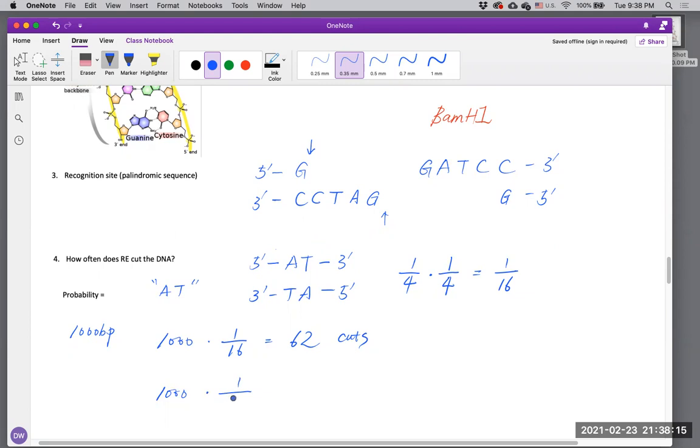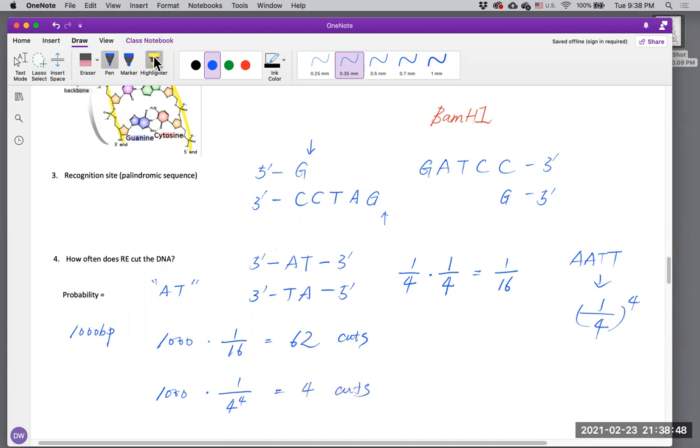So what if we have something that cuts, for example, 1 out of 4 to the power of 4, right? So this is AT. So if we have an enzyme that's AATT, then this probability is basically this multiplied 4 times. So then we can continue the calculation, and we're going to see that this is going to give us close to 4 cuts.